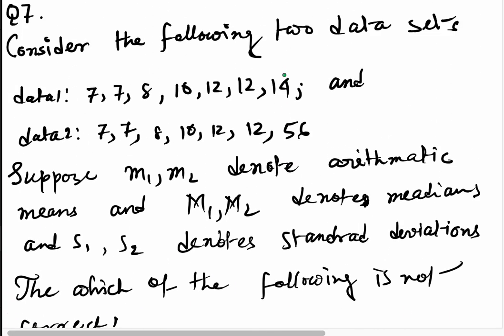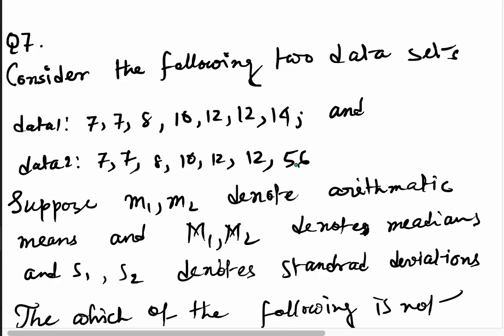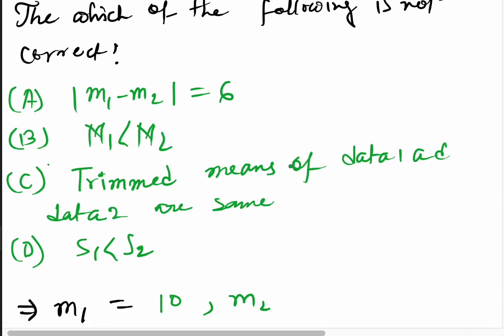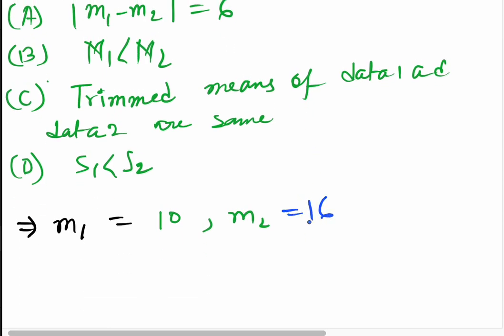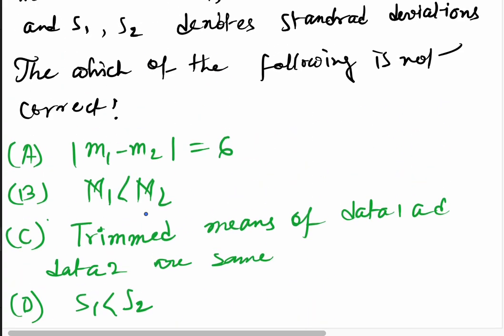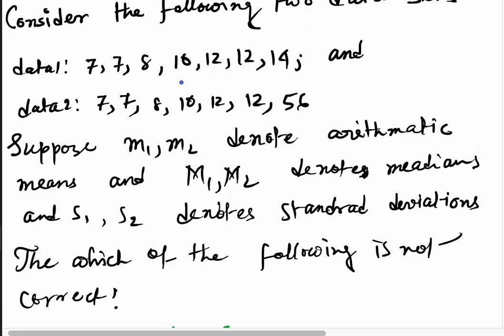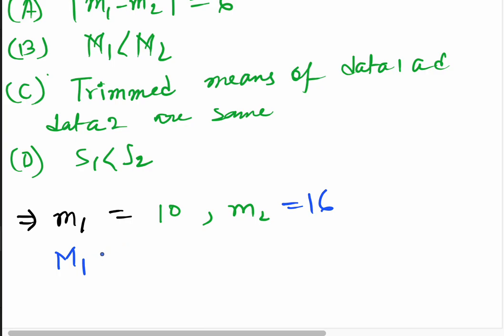And m2 is 56 plus 56, so that is 112, and 112 by 7 is 16, so m2 is 16. And this is the median. What is the median value? Median is the (7 plus 1) by 2 term, so the fourth term is the median. So 10 is the median in both. So that means M1 is 10, M2 is 10.